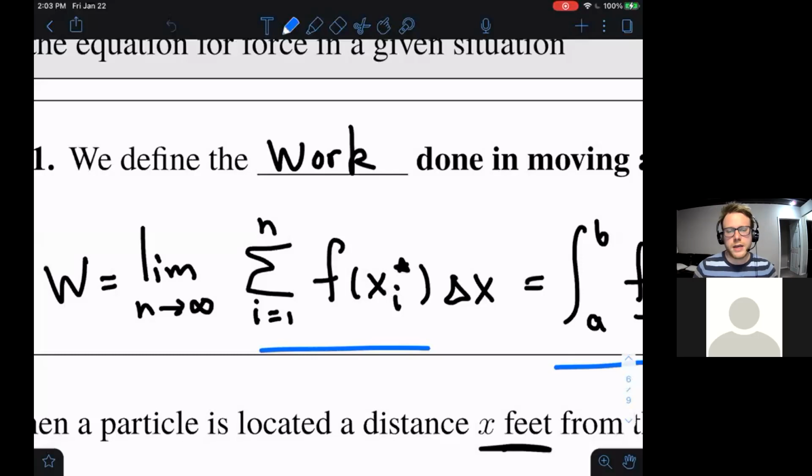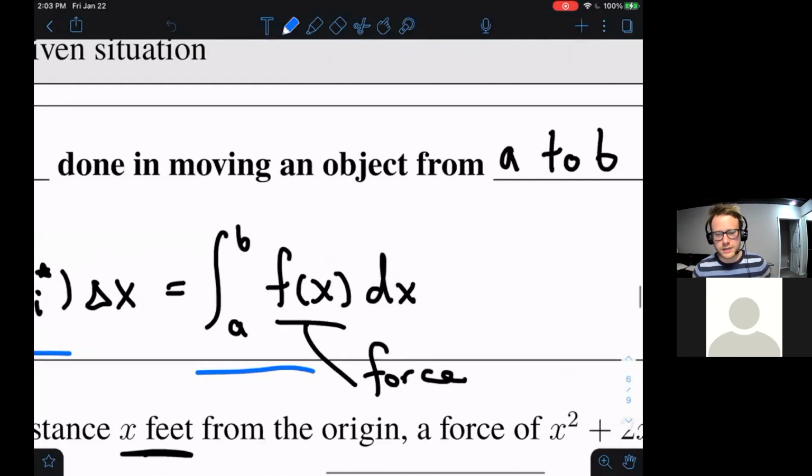So this star right here means that it doesn't have to be a left-hand endpoint or a right-hand endpoint. Really, it can be any, and there's some technicality as far as the size of partitions and things like this, very technical things. But essentially what you need to take away from this is that it's the normal Riemann integral that you know and love from Calculus 1.